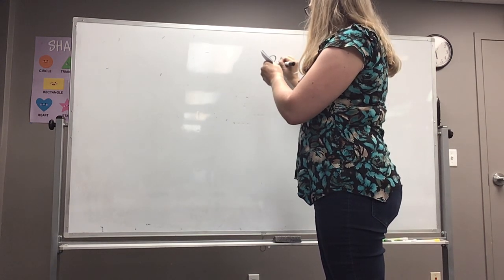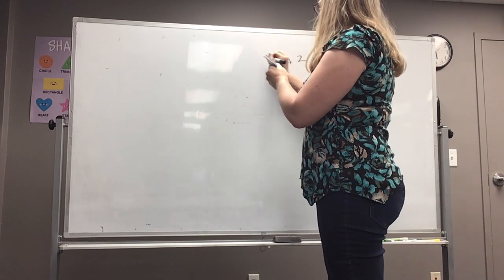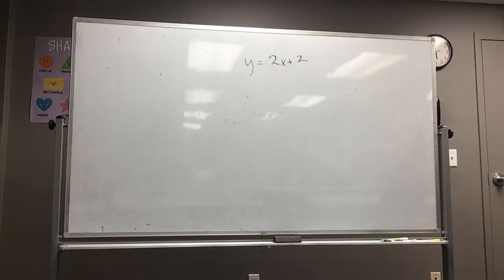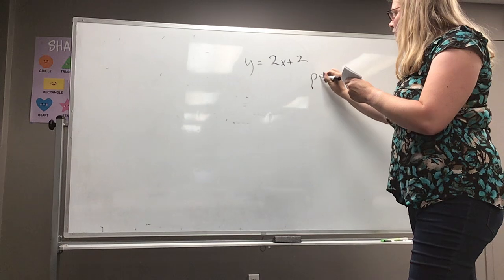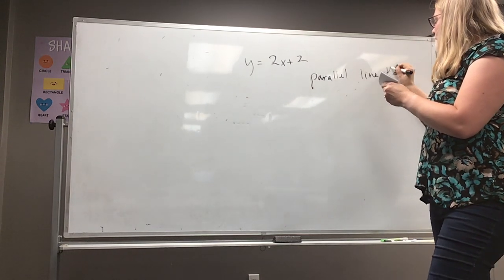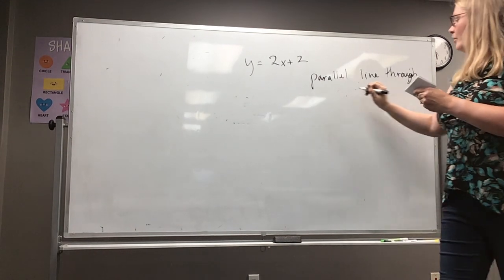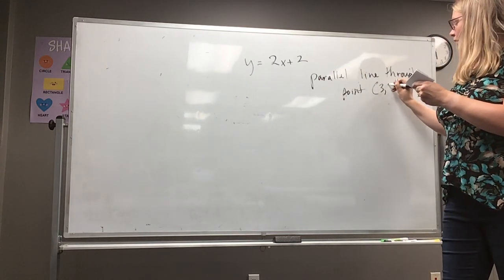we have 2x plus 2 for our first equation, or our first line, and it wants a parallel line through the point of 3, 4.